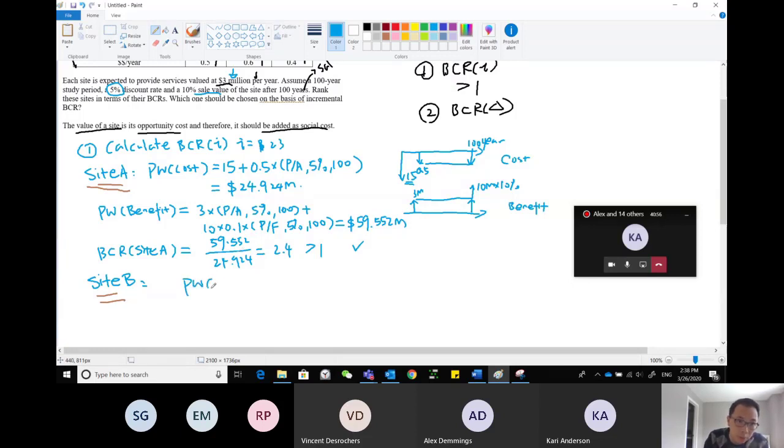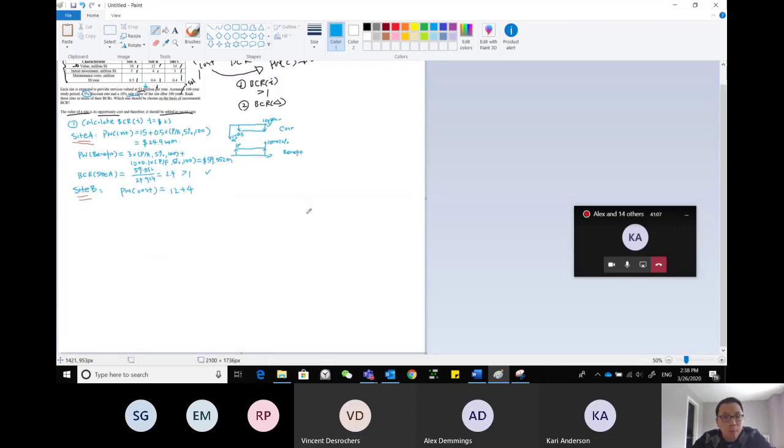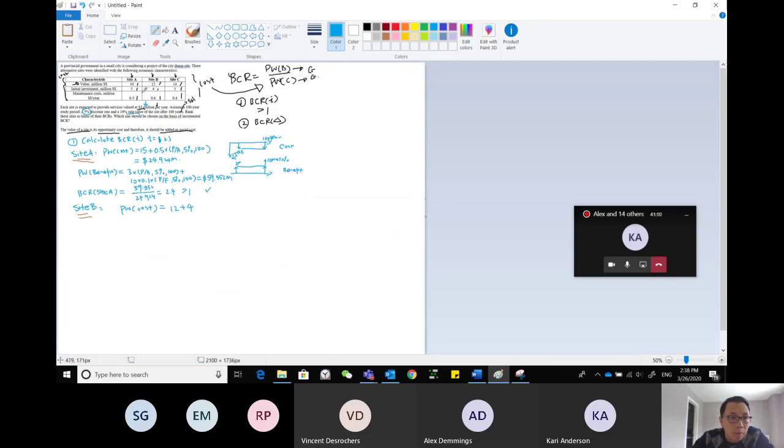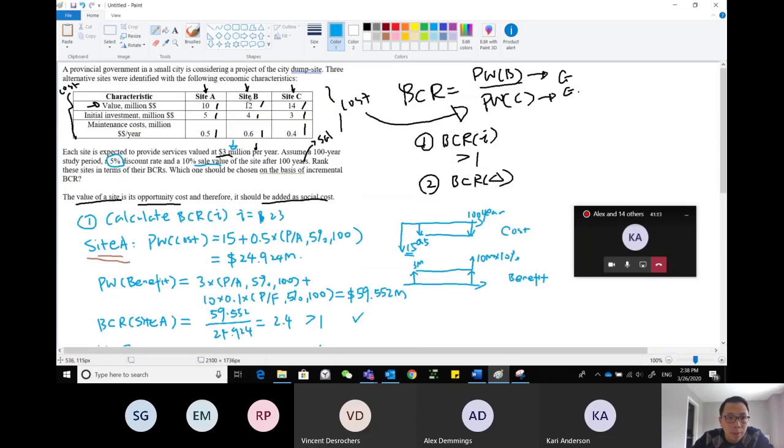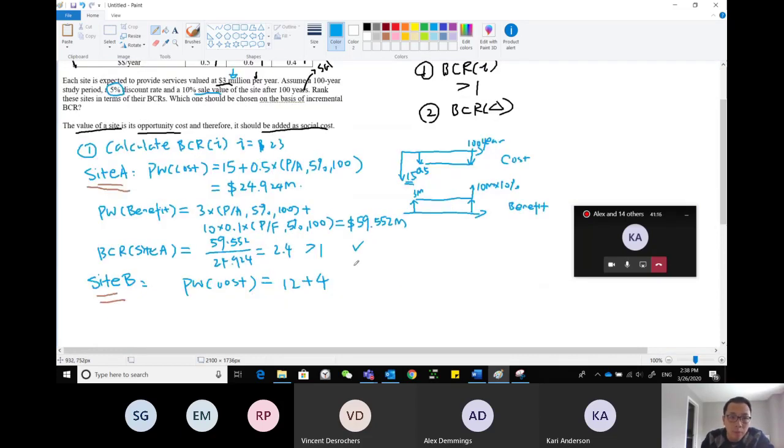The PW cost is equal to 12 plus 4, so the value and also the initial investment right here. And then we have 0.6 as its annual maintenance cost, so 0.6 times P over A, 5%, 100. That will give us 27.909.